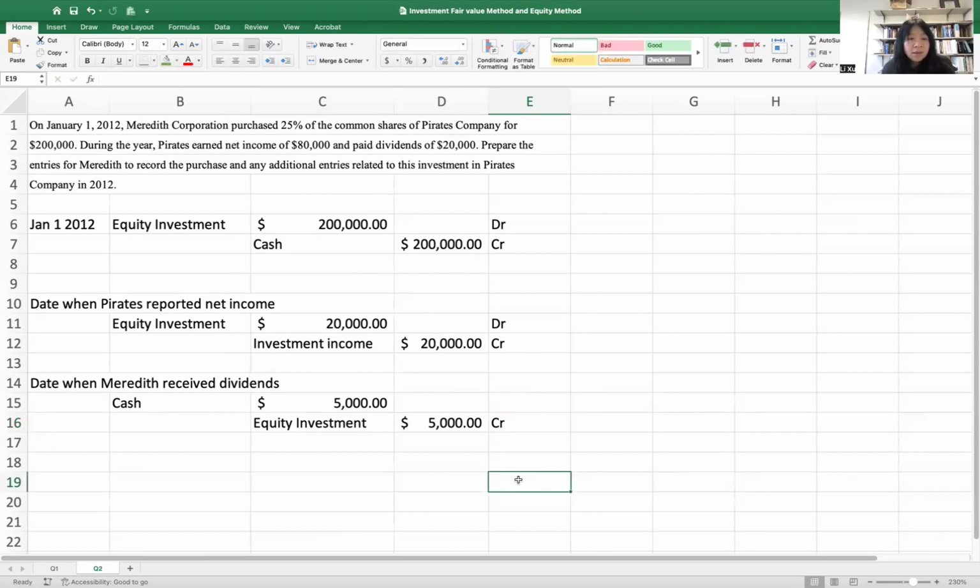The intuition is that if you invest in a company with more than 20% of the ownership, FASB assumes you have significant influence over the company in terms of operating income and dividends. Therefore, if they're making money, your equity investment is increasing; if they're paying out dividends, your equity investment is going down, because you're actually paying out your own money. And so that's the intuition. All right, bye-bye.